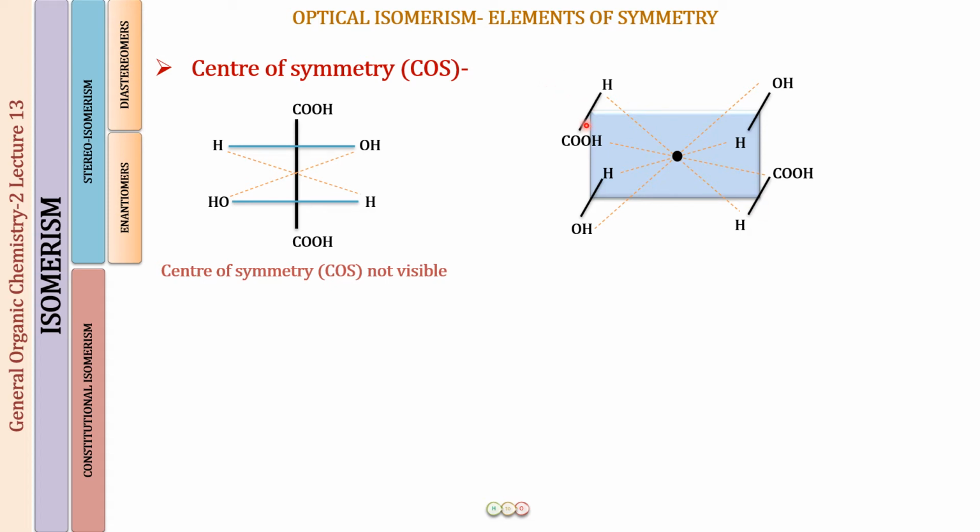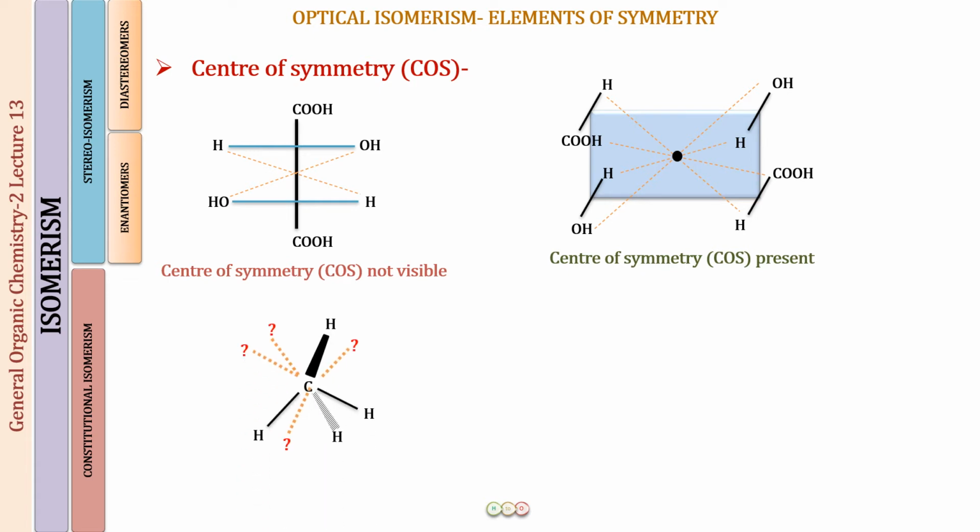So a hydrogen above and a hydrogen below pass through the center of symmetry. Similarly, a COOH below to a COOH above, again a center of symmetry, a hydrogen and a hydrogen, an OH and an OH. So yes, a center of symmetry is present in this molecule as well, and when there is a center of symmetry, the molecule is going to be achiral.